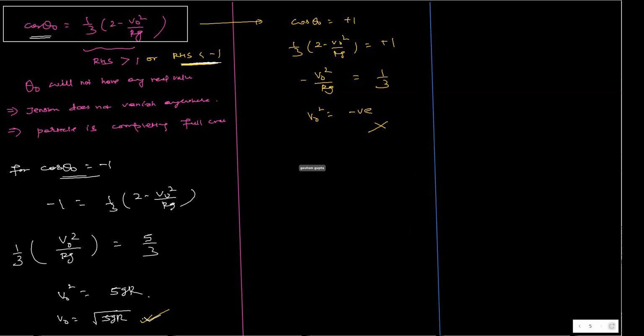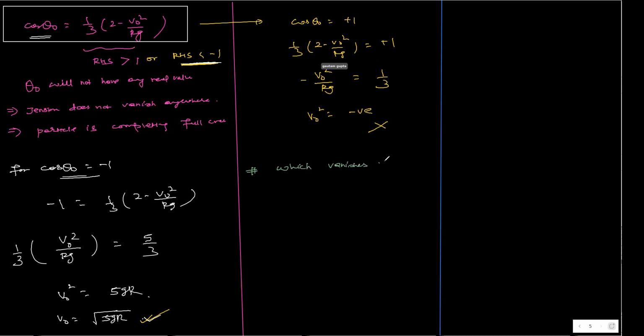Now there is one more interesting case in this. Sometimes you have to find whether the particle will stop first. There are two conditions. Let us find out which vanishes first, out of tension and velocity.